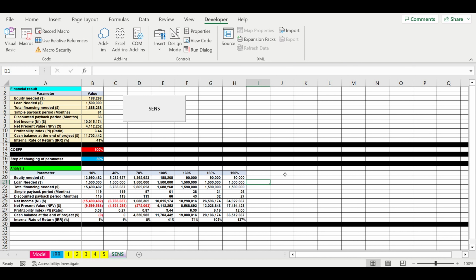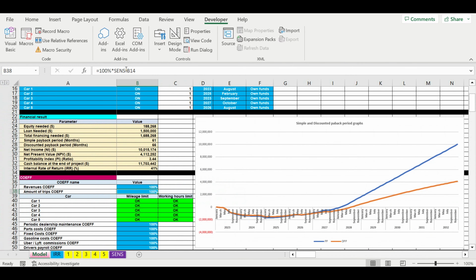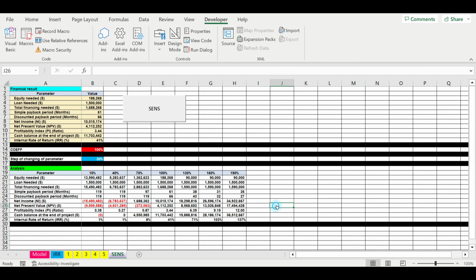And now, for example, we can detach this coefficient from amount of trips and add this coefficient, for example, to revenues, global revenues. Let's go back to sensitivity analysis tab, press the sense button.